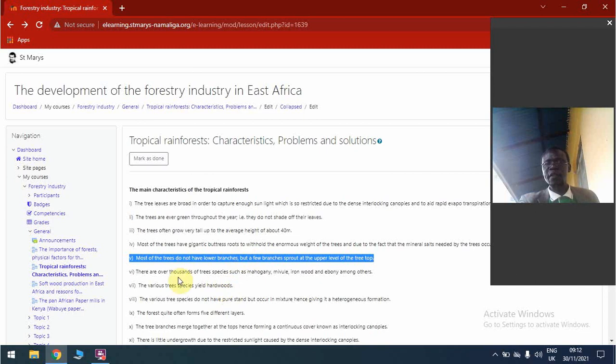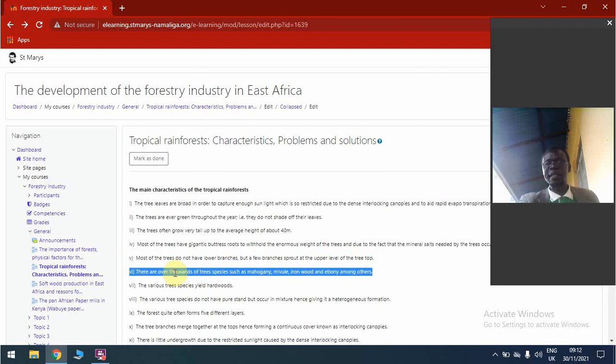Then also, one thing you need to know about the tropical rainforest is that there are thousands of tree species located within it. You go to a tropical rainforest like Mabira, you will find a variety of tree species, different types of trees. Maybe this is because of the nature of the climate, which promotes the growth of various types of trees.